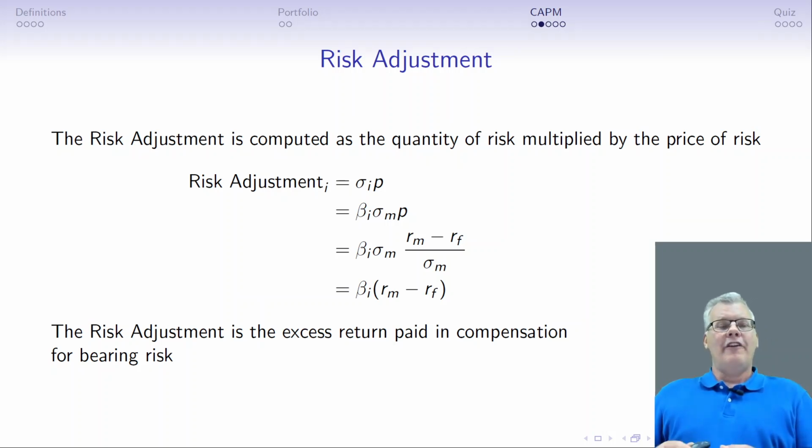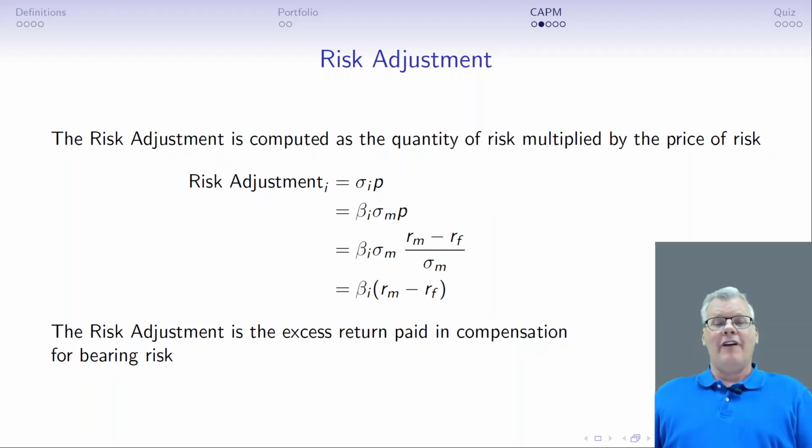Now, Varian defines risk adjustment as, in essence, the premium that's necessary for bearing additional risk beyond that of the risk-free asset. And the way that you would compute this compensation, I have to remind you yet again, is the golden rule of finance, which I talked about earlier: return is the reward for bearing risk.